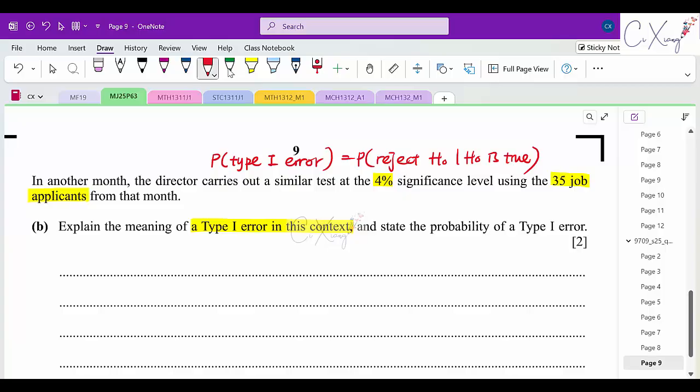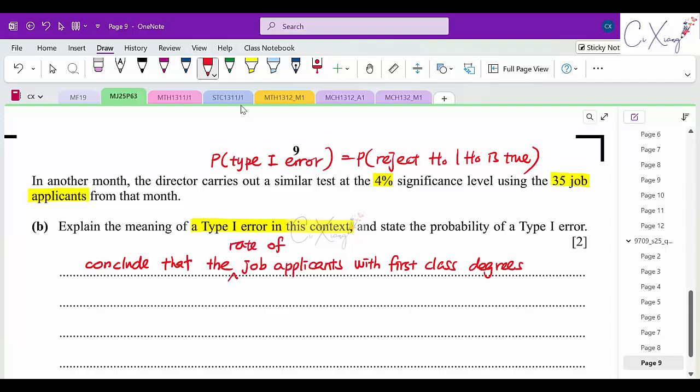So reject null hypothesis, what does it mean? Say we actually reject null hypothesis means that we conclude that the director's belief is correct, or maybe if you want it to be clear, you can say that the director concludes that the rate of job applicants with first class degree has decreased.